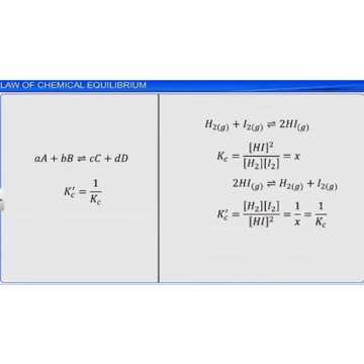Now, this is nothing but the reciprocal of X, which is equal to 1 by Kc. Thus, the equilibrium constant for the backward reaction is the reciprocal of the equilibrium constant for the forward reaction Kc.